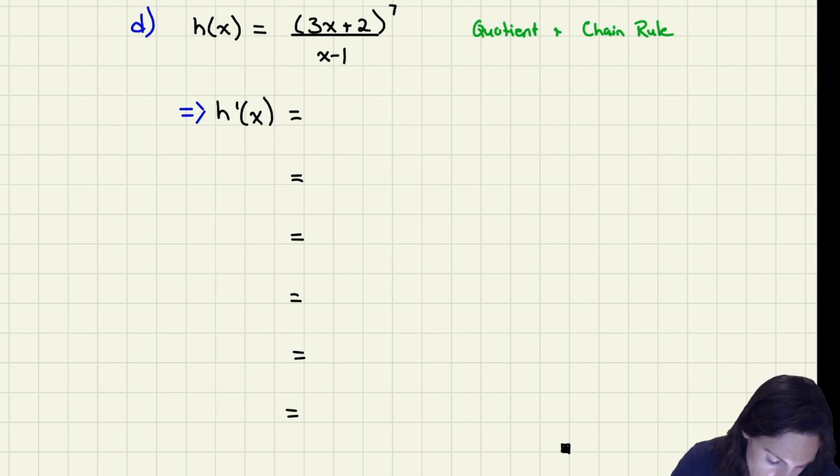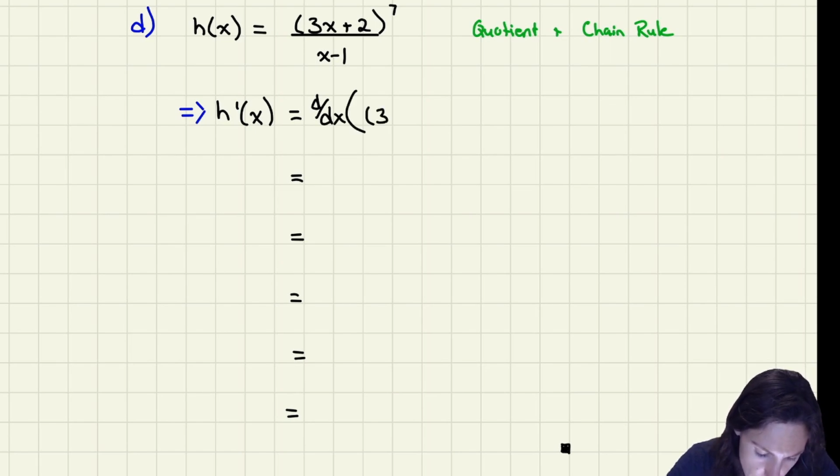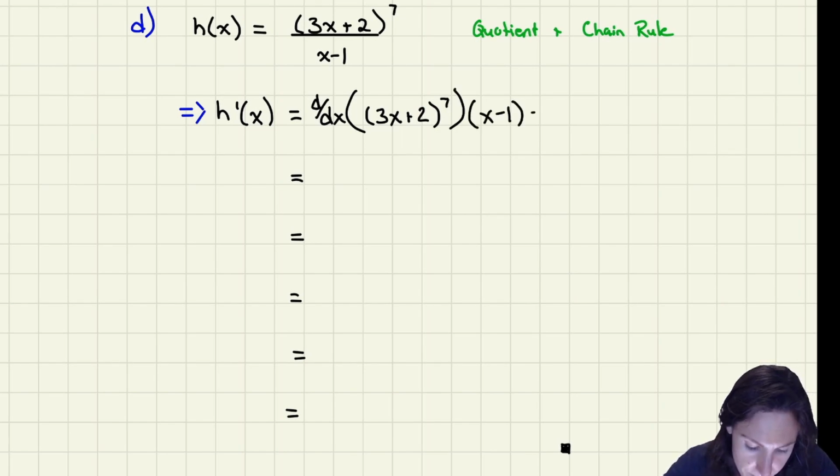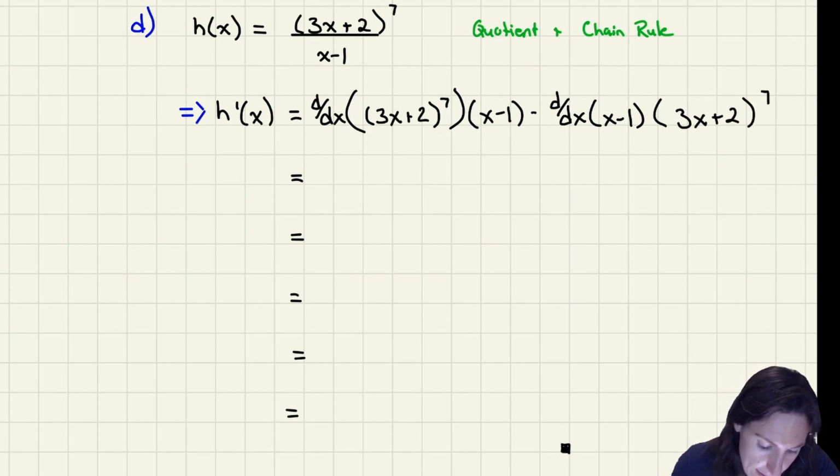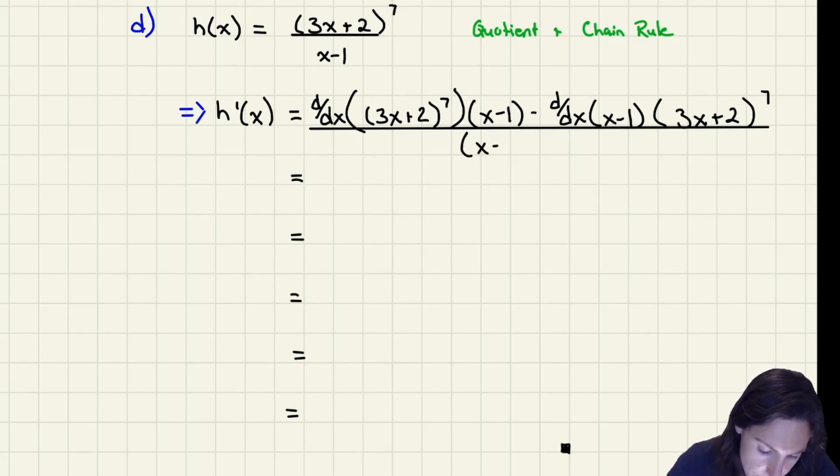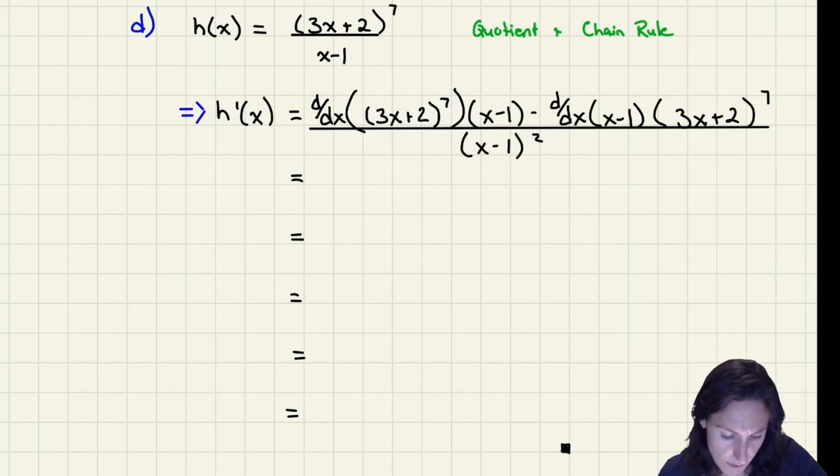For the quotient rule, we have the derivative of the top, so d dx of a big bracket 3x plus 2 to the 7, that's what we're taking the derivative of, times the bottom, minus d dx of the bottom times the top, 3x plus 2 all to the 7. And then don't forget, this is all divided by the bottom squared. And don't expand the bottom, just leave it.